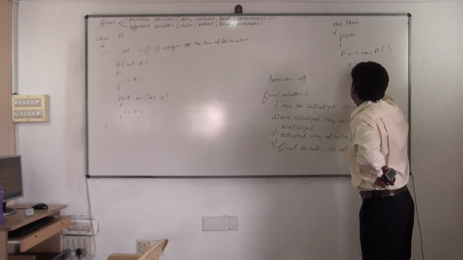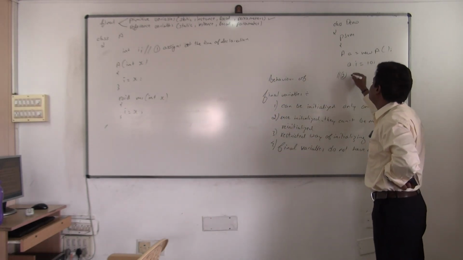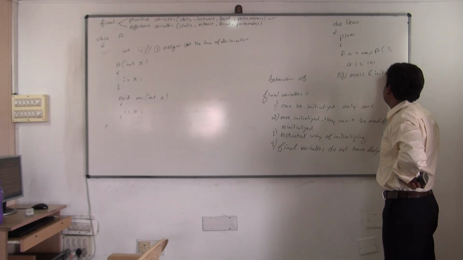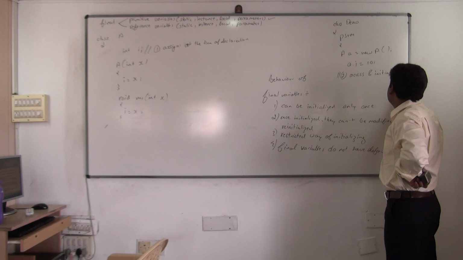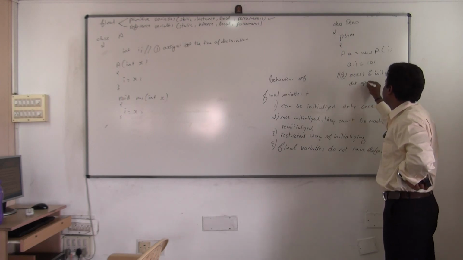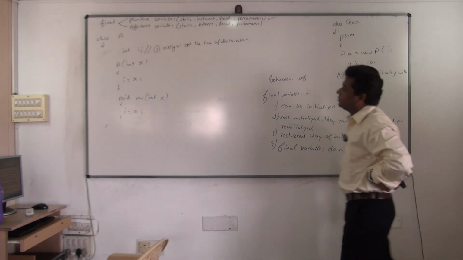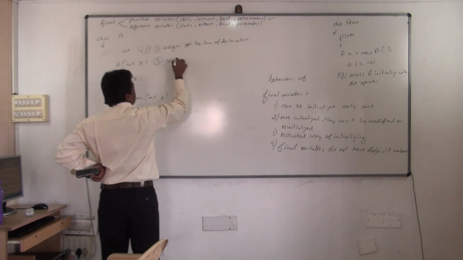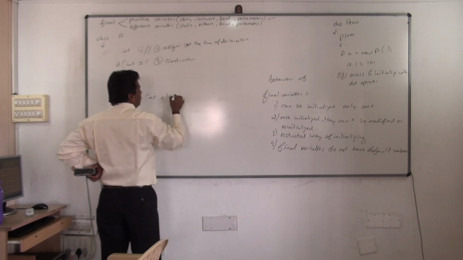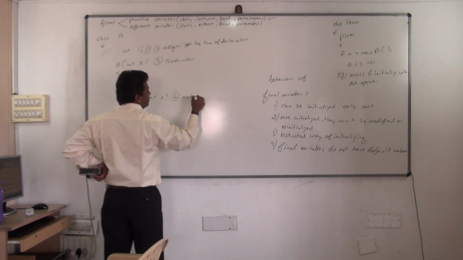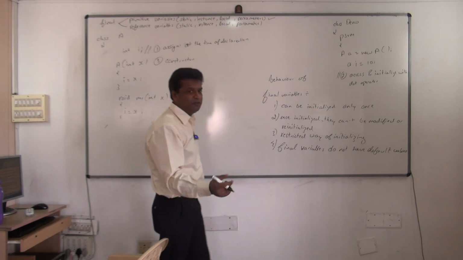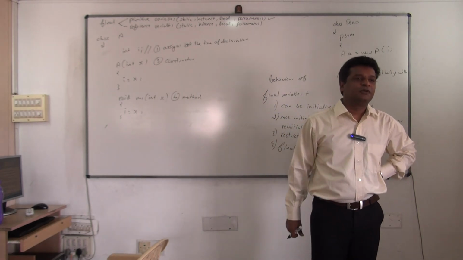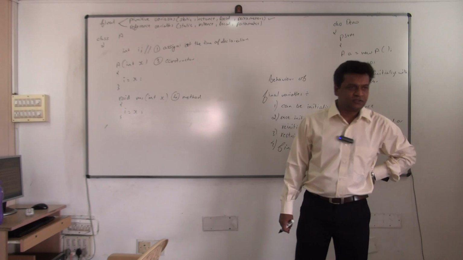The second approach is to access and initialize with the dot operator. The third approach is the constructor. The fourth approach is a method. Whichever one you want, you do, but most we give preference to the constructor.